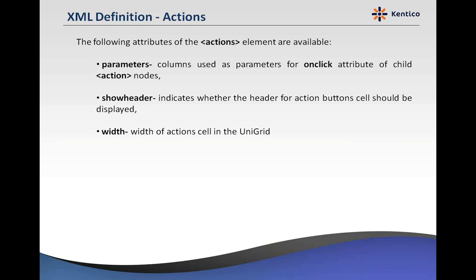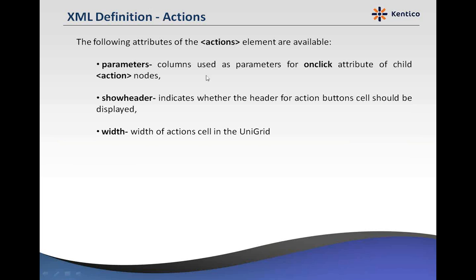The parameters attribute defines a list of columns that are available from the data source that are used as parameters in the on-click attribute of child action elements. If you want to supply multiple parameters, you separate them by semicolons.